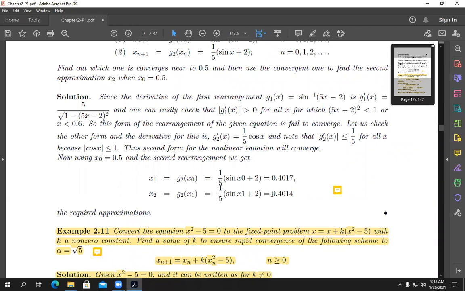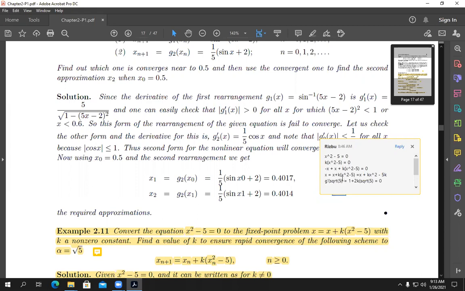Now it's a very simple one. What are you given? You are given x squared minus 5 equal to 0, right? And I want to find g from this. I multiply both sides by k, because k is a non-zero constant. So we have k times (x squared minus 5), and k multiplied by 0 is 0.